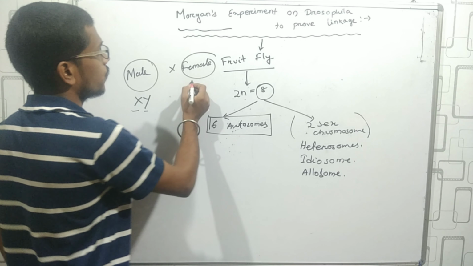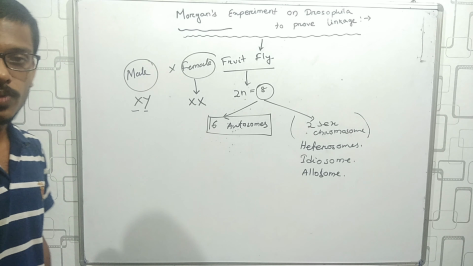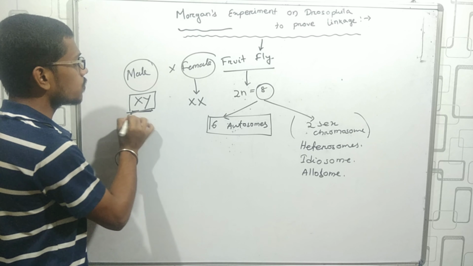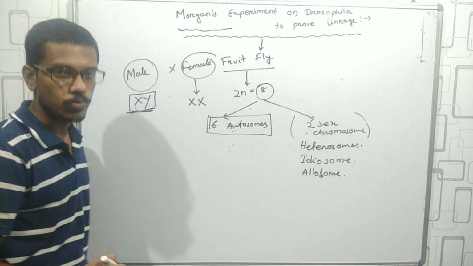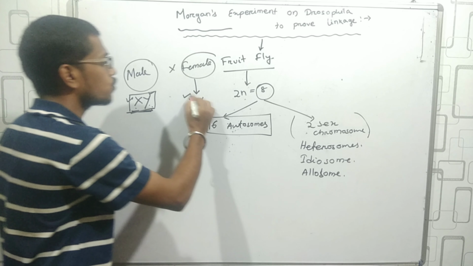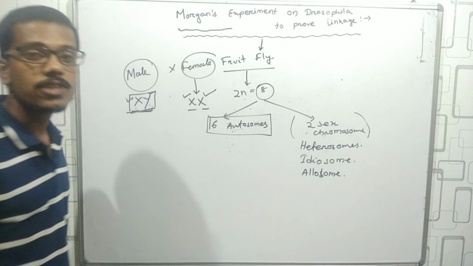Whereas in the female there is an XX type of sex chromosome. Here there are 2 different types of sex chromosome, X and Y. Here there are 2 same types of sex chromosome, both X chromosomes.